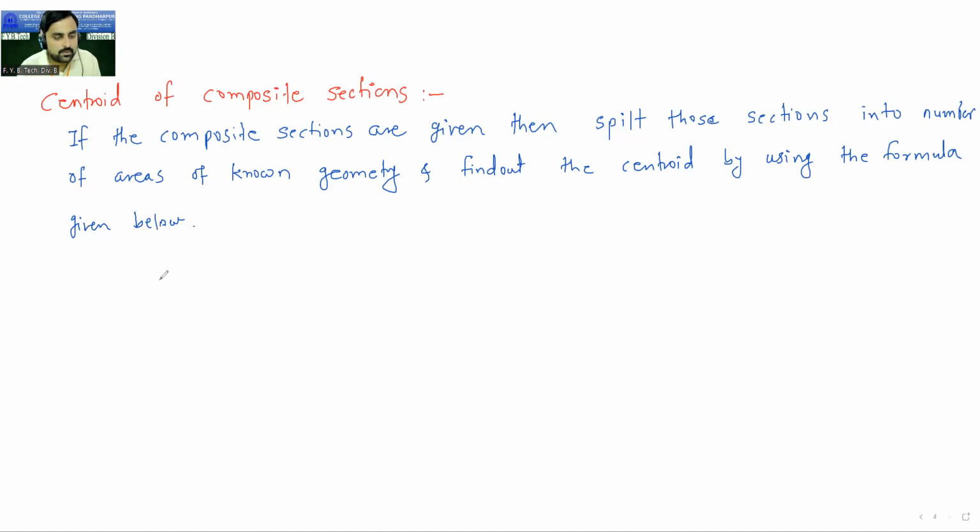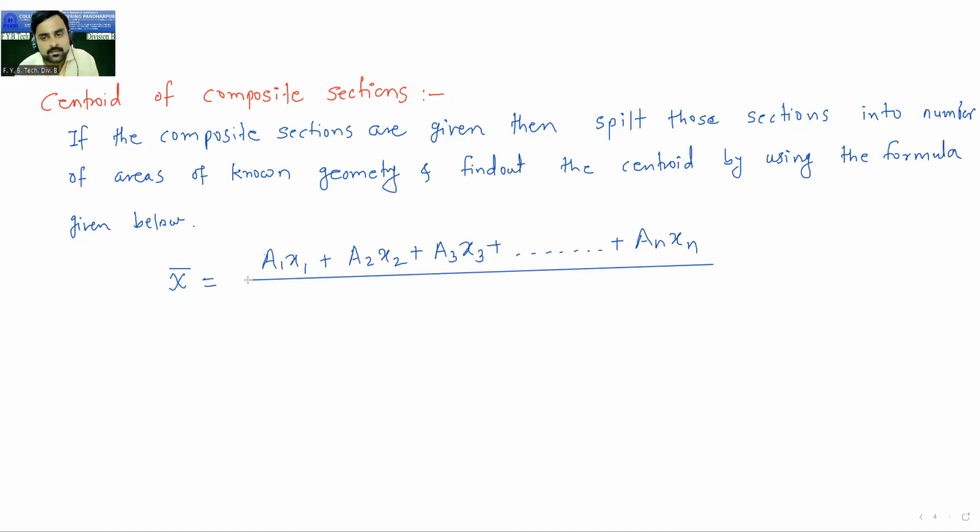Okay, and the formula is x bar is equal to a1 x1 plus a2 x2 plus a3 x3 plus and so on up to an xn, up to the nth area, whole divided by a1 plus a2 plus a3 plus and so on up to the nth area an.